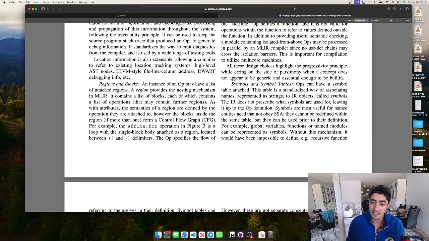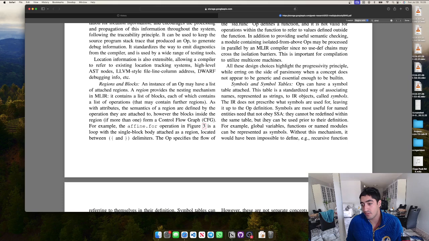Okay, symbols and symbol tables. Operations can have a symbol table attached. This table is a standardized way of associating names represented as strings to IR objects called symbols. The IR does not prescribe what symbols are used for, leaving it up to the operation definition. Symbols are most useful for named entities that do not obey SSA.